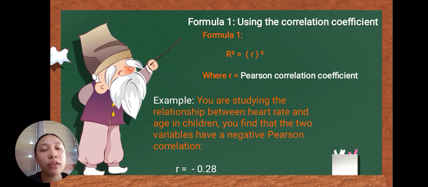Formula 1: R squared is equal to r to the power of 2, where r is the Pearson correlation coefficient. Example: you are studying the relationship between heart rate and age in children. You find that the two variables have a negative Pearson correlation, r is equal to negative 0.28.